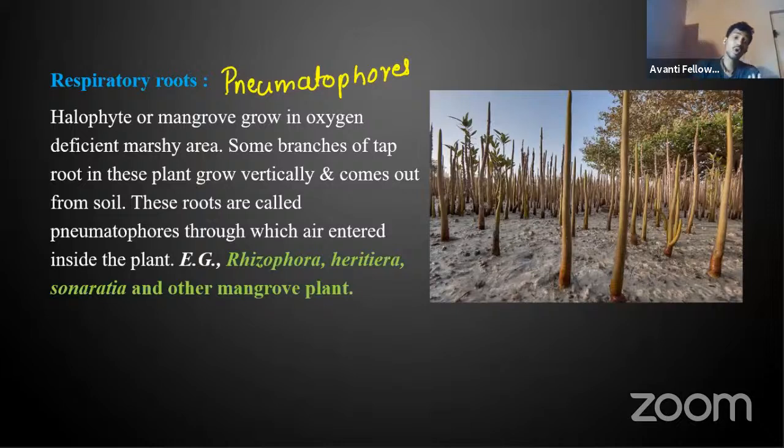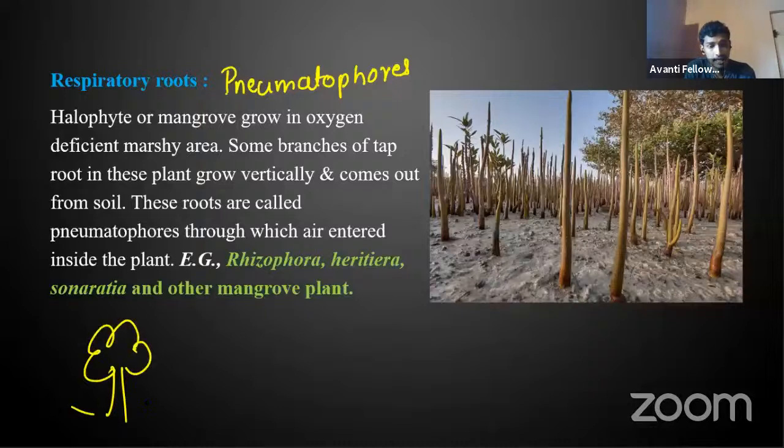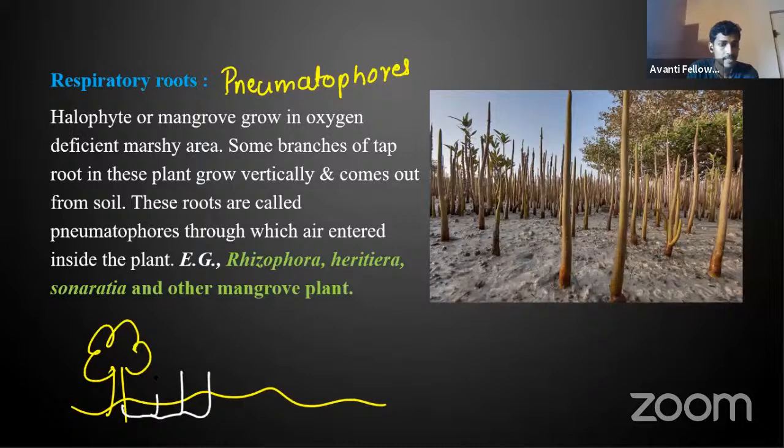Then what the plant will do is, the plant will be something like this, and the area will be something like this, and this plant will produce some roots that come above the ground. Just imagine, this is against our earlier statement, right? We said roots grow away from the light, negatively phototropic, but here they are coming up like this.